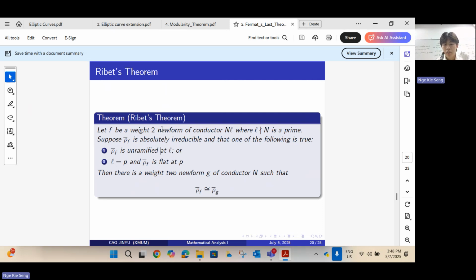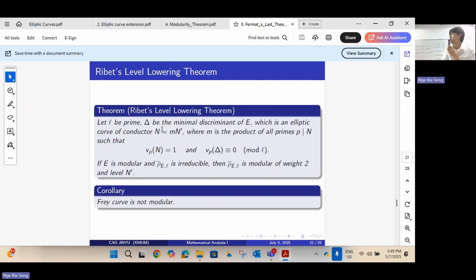Then we can conclude that there is another newform g of weight 2 and conductor N such that their residual Galois representations are isomorphic.